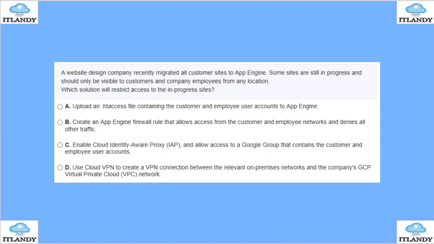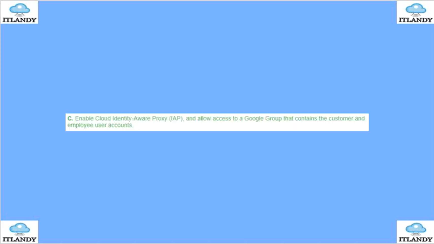If you see the requirement, the website needs to be visible, and you can achieve it via different methods. However, there was no restriction here. It says from anywhere, any location. So the answer is enable Cloud Identity-Aware Proxy and allow access to the group that contains customer and employee user accounts.